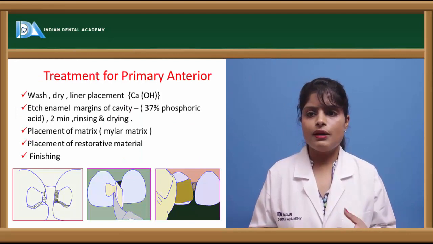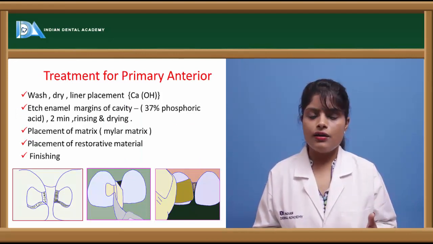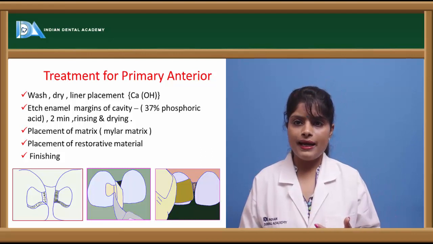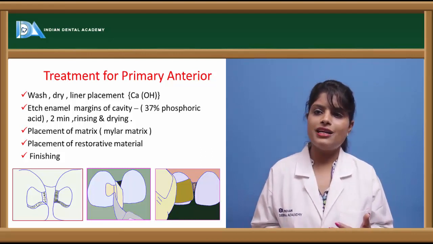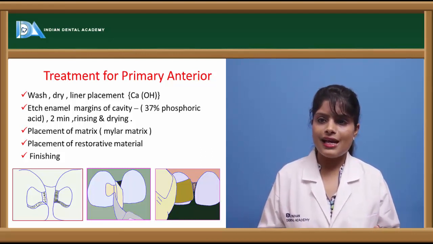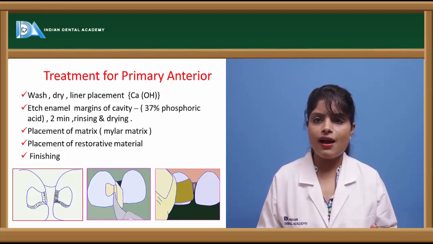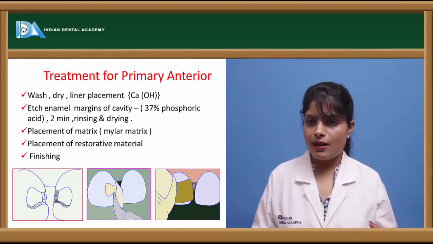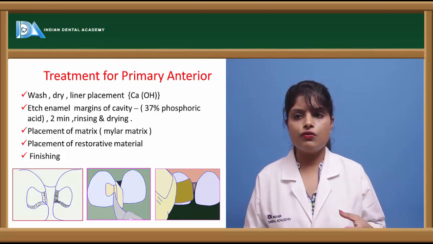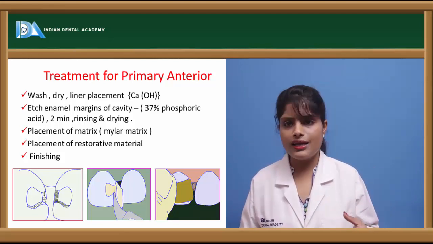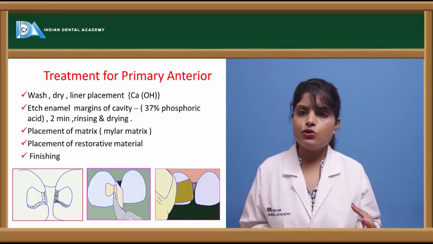Then after preparation of the cavity, if the cavity is deep, we place a cavity liner, for example calcium hydroxide. We can etch the enamel and the margins of the cavity for proper retention by means of 37% phosphoric acid for a time of 2 minutes.